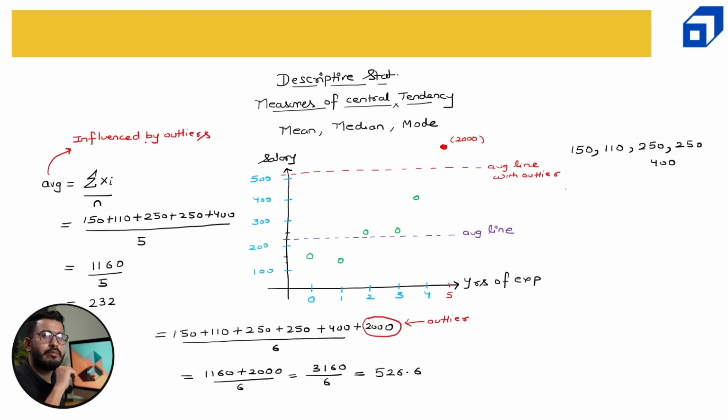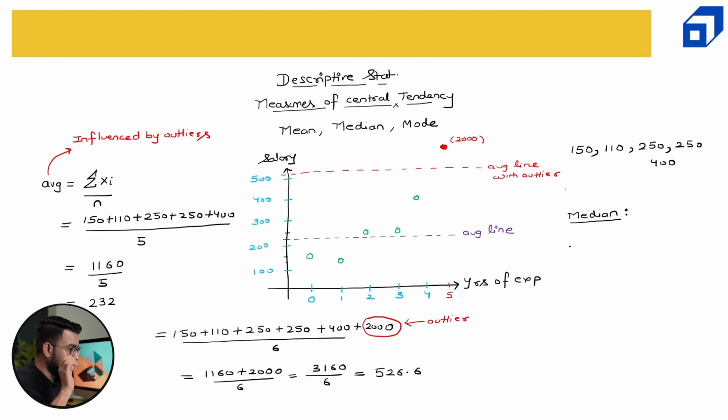That is the reason we have median. If I try to calculate the median with the same data, median is basically the center point or central point in the data. No matter if you have outliers, if you do not have outlier, it will be always center.